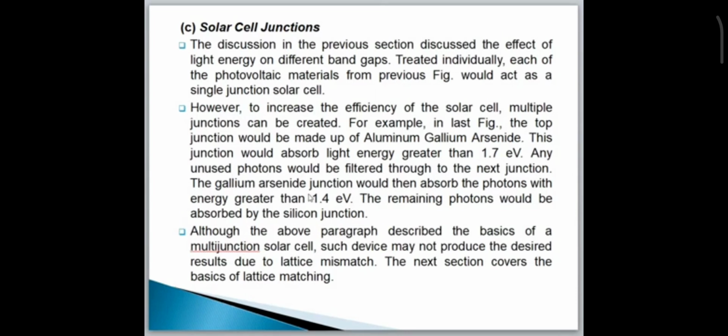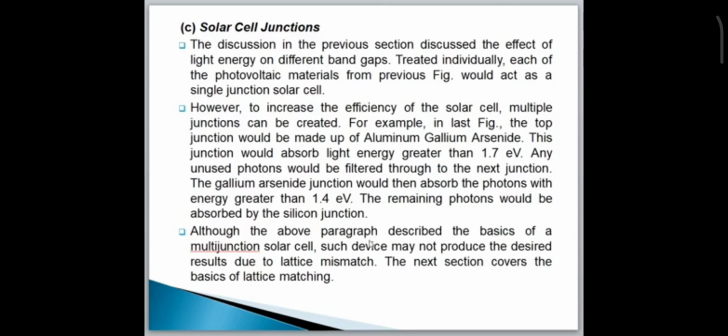In the previous paragraph, I explained that if we are using a 3-junction material, the inner junction is silicon material, outside of the silicon is the gallium arsenide junction, and the outer shell is made up of aluminum gallium arsenide. We are using the triple junction solar cell.